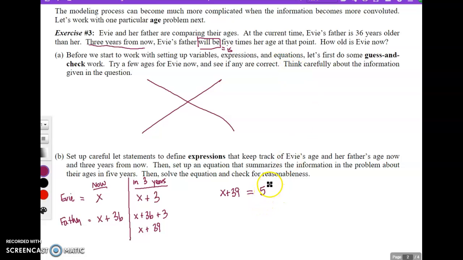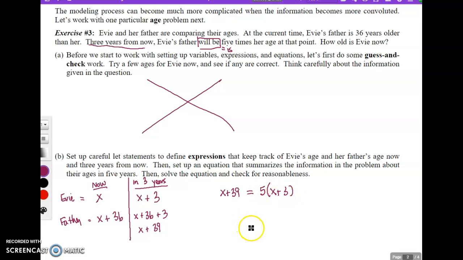So 5 times Evie's age in 3 years. How old is Evie in 3 years? She's X plus 3. So if I want to do 5 times that, do I need parentheses? Yes, I do. So 5 times, X plus 3.